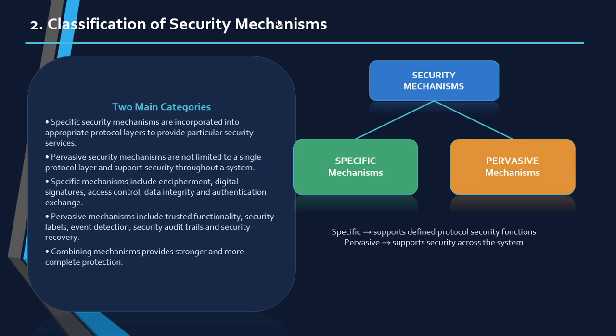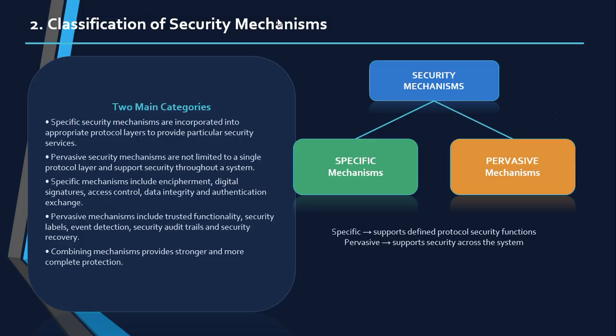That is known as pervasive security mechanism, while a specific mechanism has a limited protocol layer, in which encipherment, digital signature, access control, and integrity all occur.